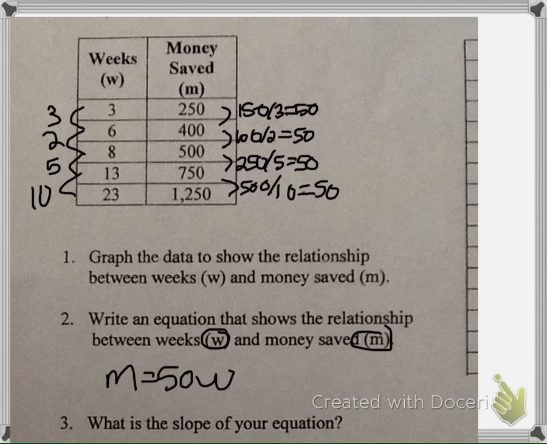I'm going to use substitution for solving for B. So I'm going to take values in my table. I'm going to take the 250 for the M and 3 for the W and put them in my equation that I have so far. So 250 equals my slope, then my W number, and then plus B, and I'm going to solve for B. So 50 times 3 is 150.